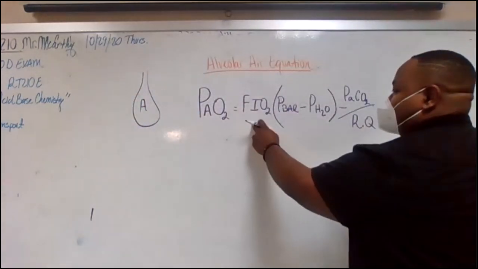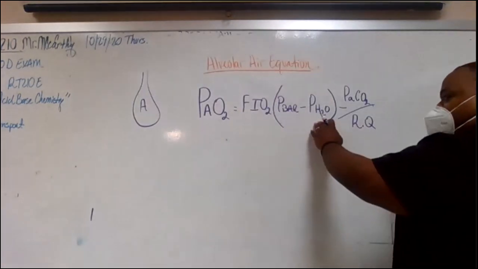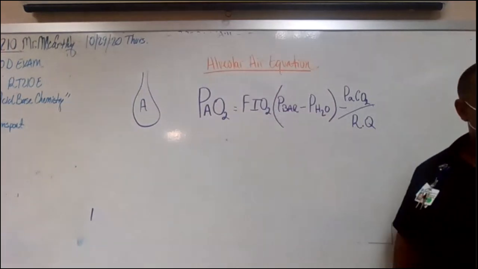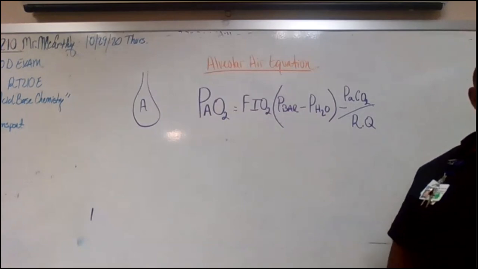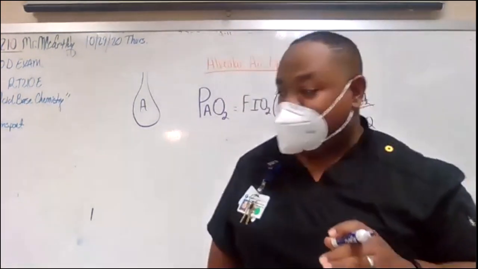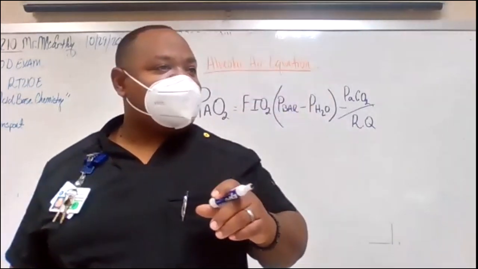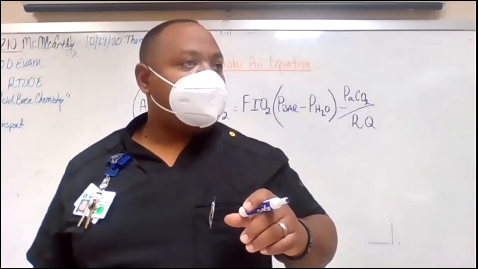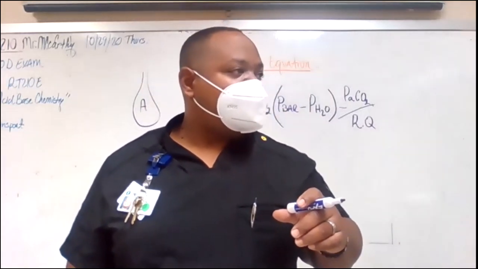All right, so FiO2 times the barometric pressure minus the pressure of water, the pressure of H2O. Because when you breathe in, we breathe in moisture, because we learned in pulmonary A and P, what part of the body moistens the air? When we breathe in, what part gives us the humidity and heat?